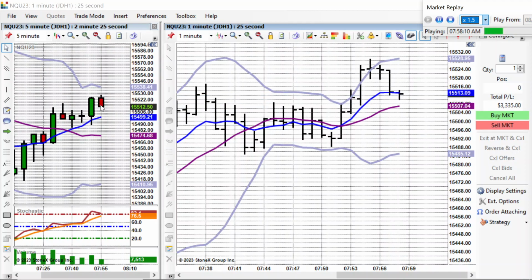Got a red candle over here. So just have patience and wait for that to hit that 5-minute 80 MA line and then start to move back up in the direction I'm trying to trade here, which is a long trade because we're in a 5-minute uptrend. Even though it's a little bit of a shallow trend, it's still on the upside of the market.